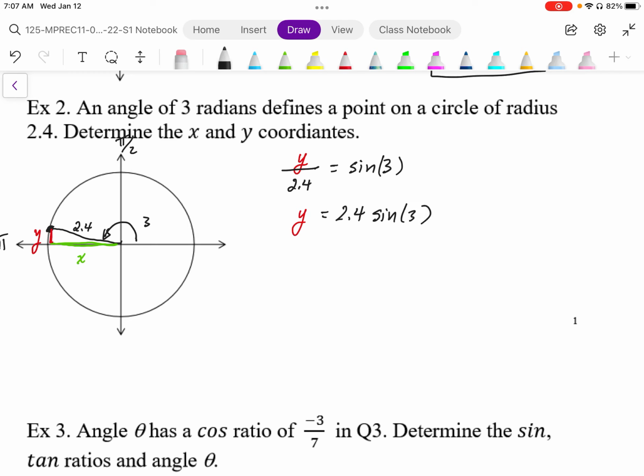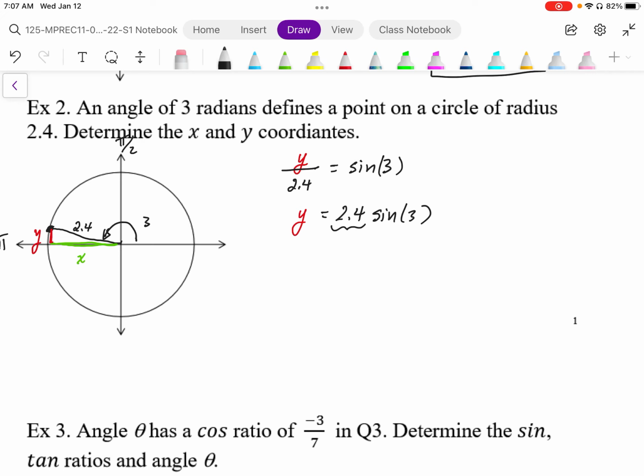Now, the other way we can think of this is that the sine of 3 radians gives me the y position on the unit circle. Since this is not a unit circle but has radius 2.4, I can scale the measurement by 2.4. This calculation then shows the same thing. In the end, for the y position, sine of 3 needs a calculator.